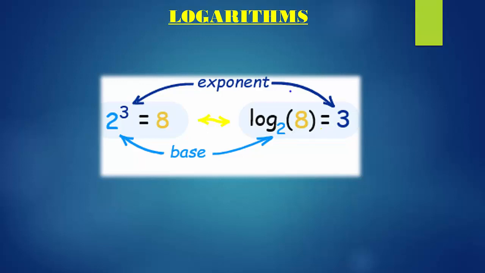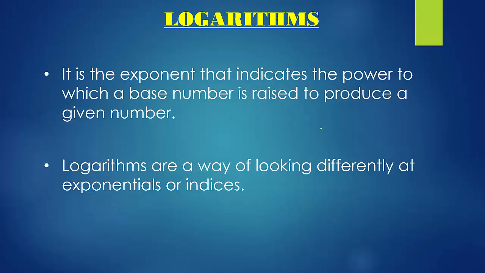Then using this example, how to define a logarithm? It is the exponent that indicates the power to which a base number is raised to produce a given number. That means 2 raised to 3 equal to 8.